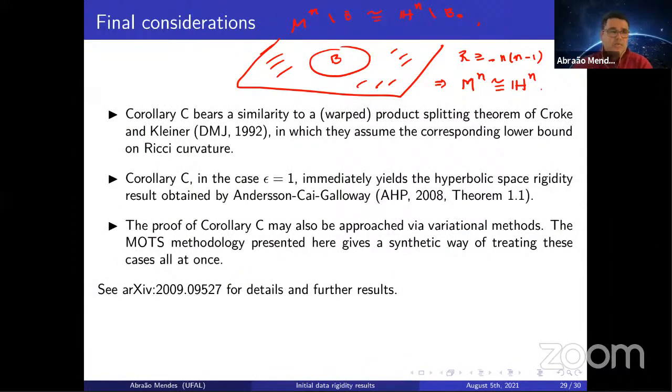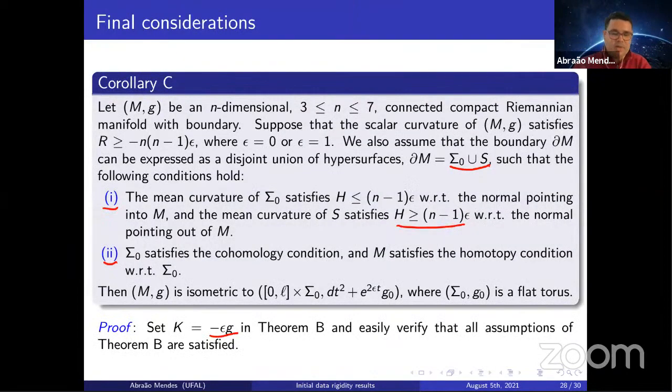Finally, we could say that the proof of corollary C could be approached via variational methods. That's true, but our methodology has an advantage in that we can prove the result treating the hyperbolic and the Euclidean cases at once.